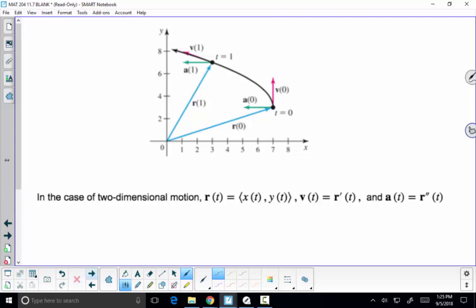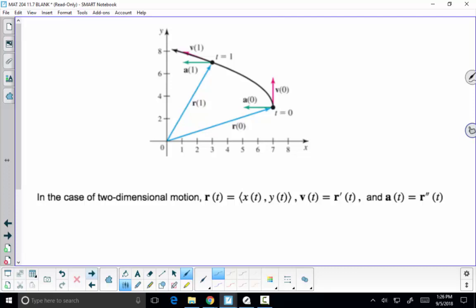The way we can tell by looking at the graph whether it's accelerating, decelerating, or constant is to look at the acceleration vector. When the acceleration vector is pointing in the same relative direction as the velocity, we are in fact accelerating because it's increasing the velocity.